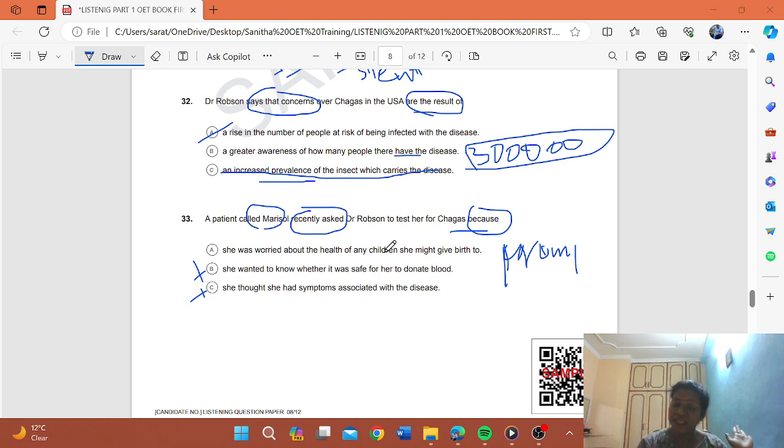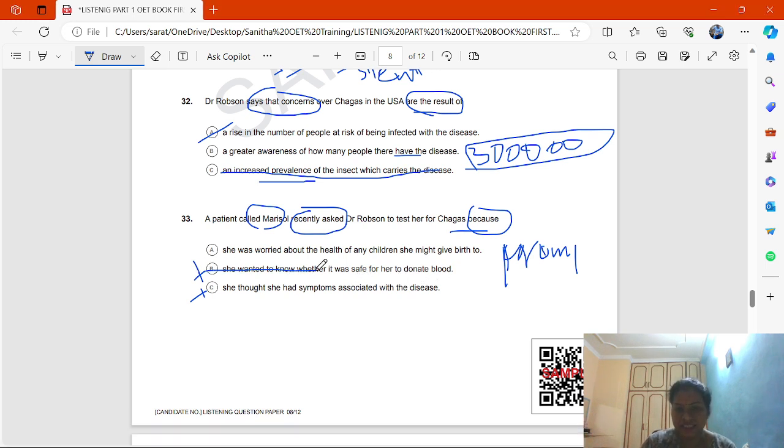She had actually been planning to donate blood, but changed her mind. See, she changed her mind. That means she wanted to know whether it was safe for her to donate? No, so that's the reason it is a wrong answer.